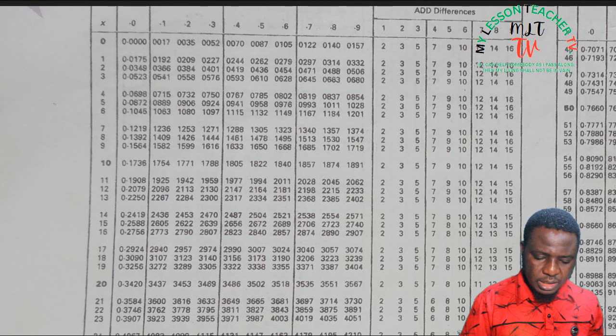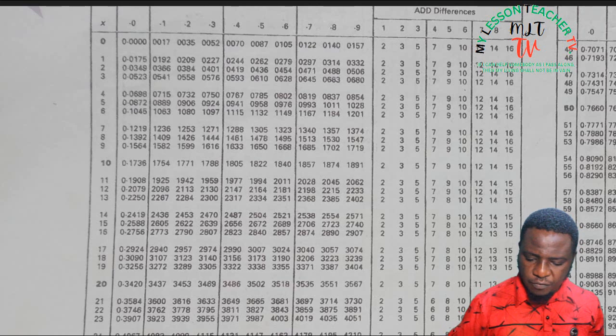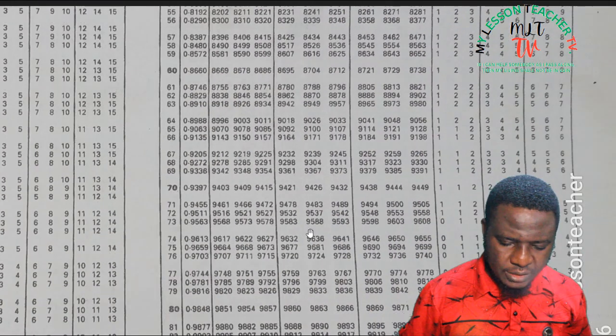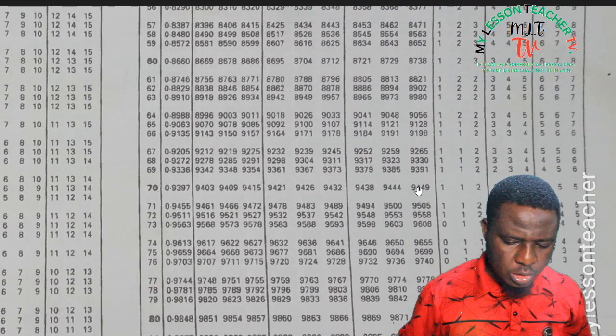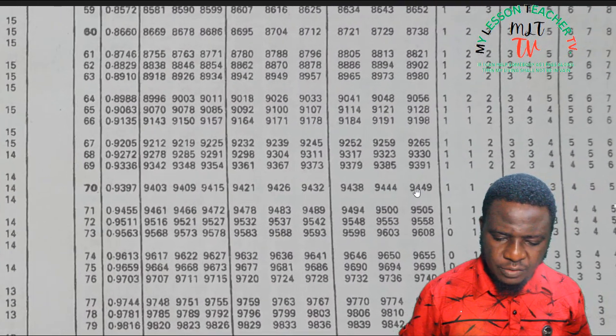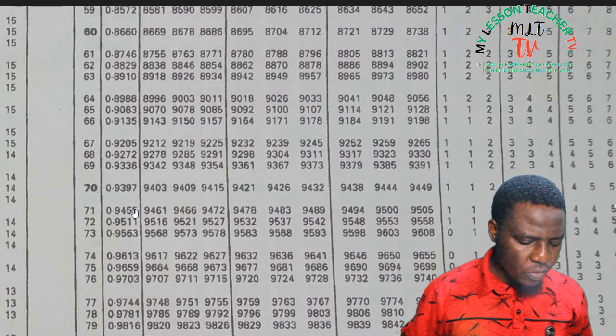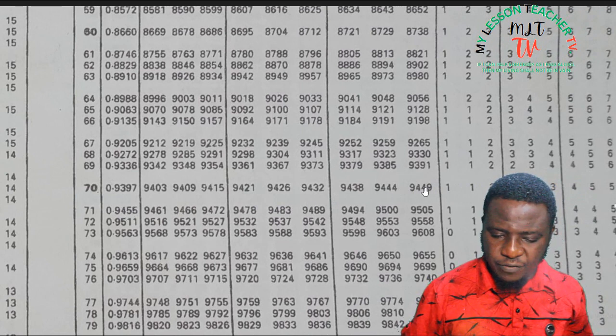And for F, we have 0.9451. 9451. Go back to your sine table and look for 9451. That will be under 80 something. So 9451 is said to be, I have 9449, but a difference of 2 will give me 9451 because the next higher value is greater than 9451. So I can't pick this. Rather, we'll look for a difference that when added to 9449 gives me 9451, and that is said to be difference of 2.